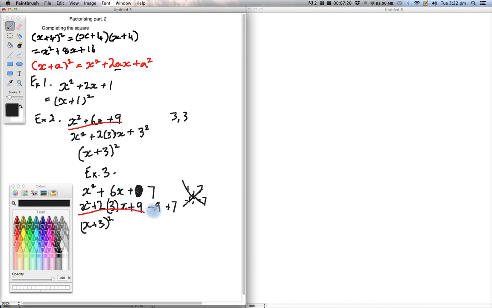Now we can't just go and forget about this other part, the minus 9 plus 7. We've got to include that as well. So if you combine minus 9 plus 7 is minus 2. So there's a minus 2 out here as well. So there we go, that has now been factorized.